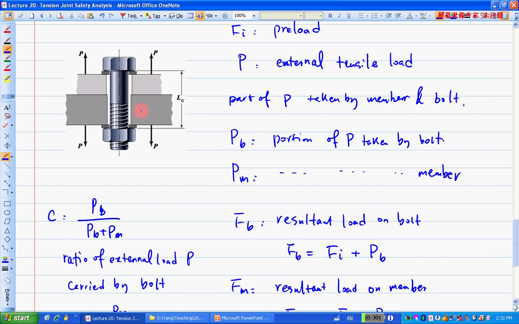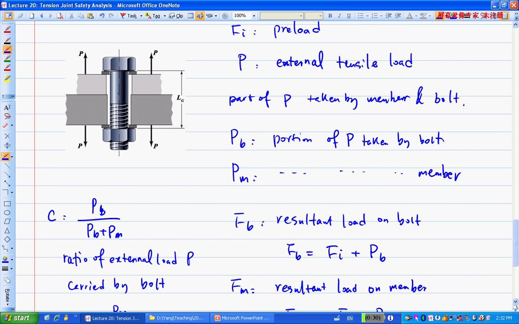PM is applied to the member, PB is the force applied to the bolt. So PM will cause a certain deflection, and PB will cause a certain deflection. PM's deflection is on the member, and PB's deflection is on the bolt.